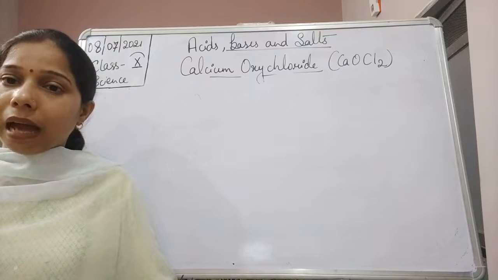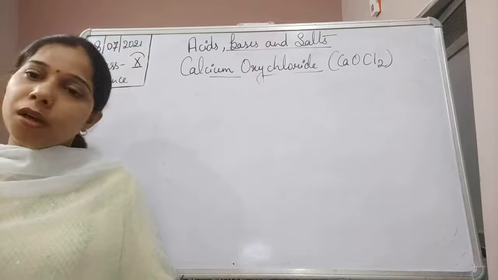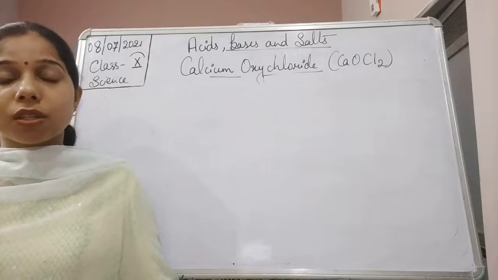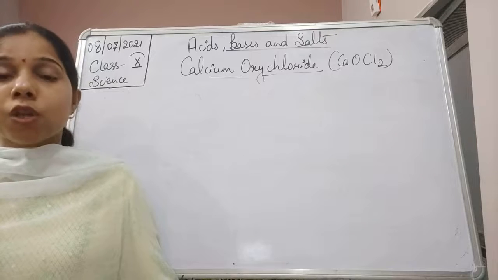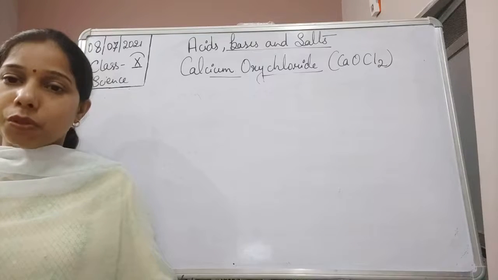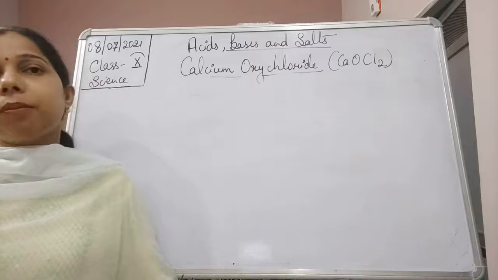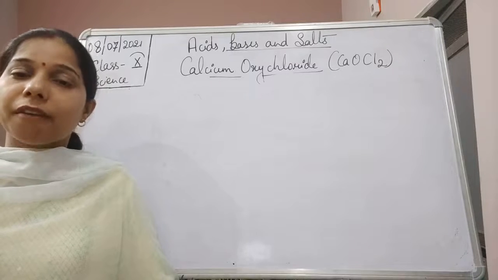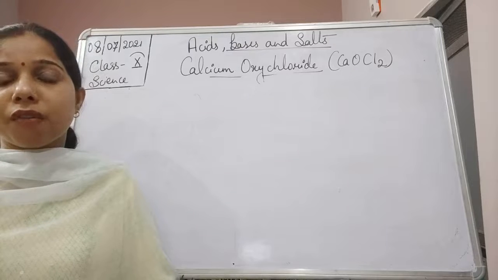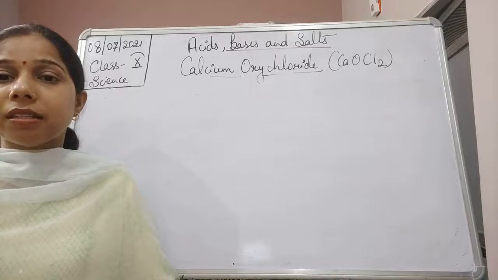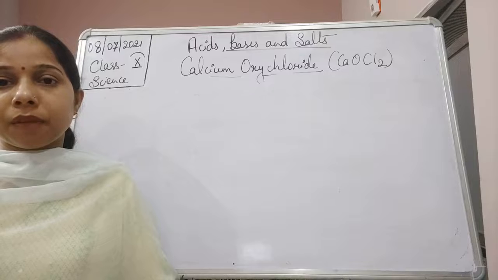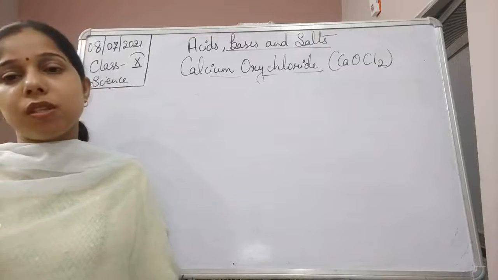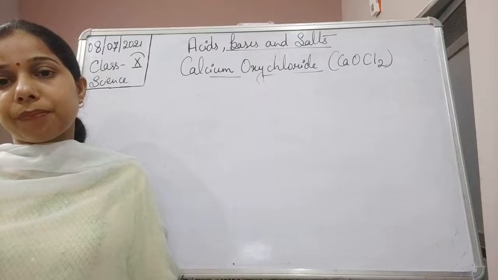Now this chlorine gas, which is formed at the anode, will also be used to prepare calcium oxychloride. So the chlorine is used up and passed through calcium hydroxide solution, and finally there is a formation of calcium oxychloride. This is how the preparation of calcium oxychloride happens.